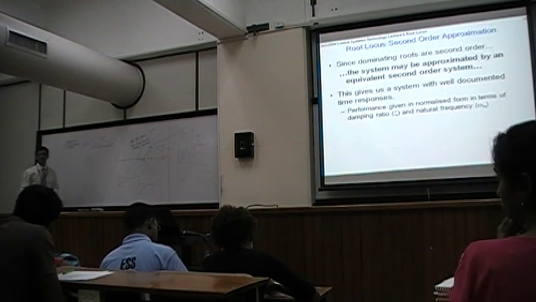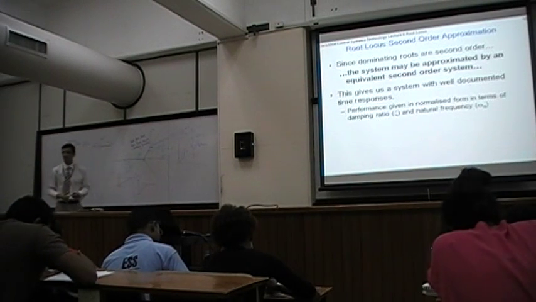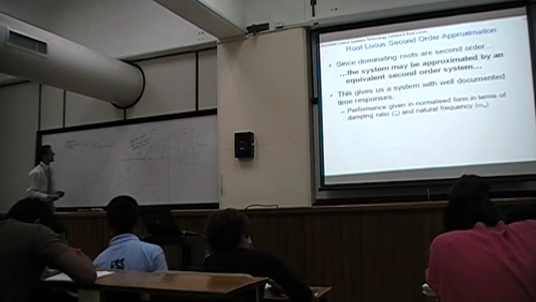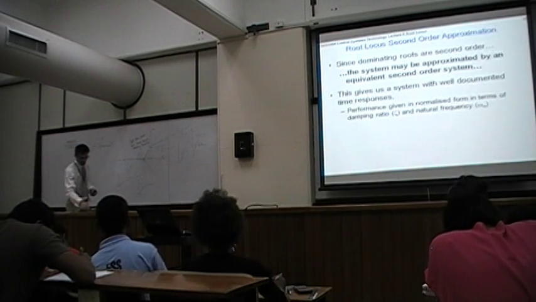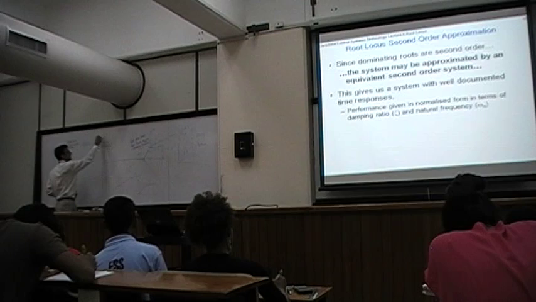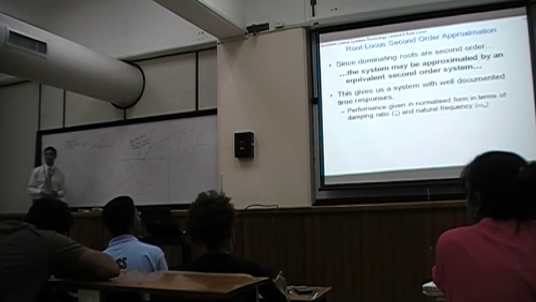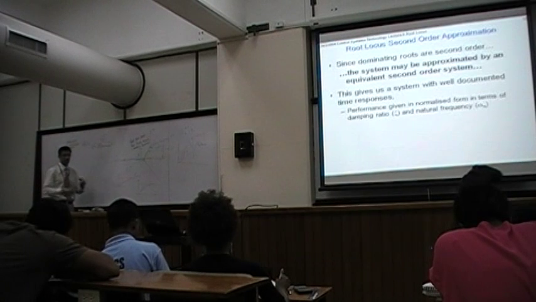Why prototype? Well, prototype is just saying it's a standardized form, basically. So here we have a response that's described in terms of two features of our system, our natural frequency omega n and our damping ratio zeta.